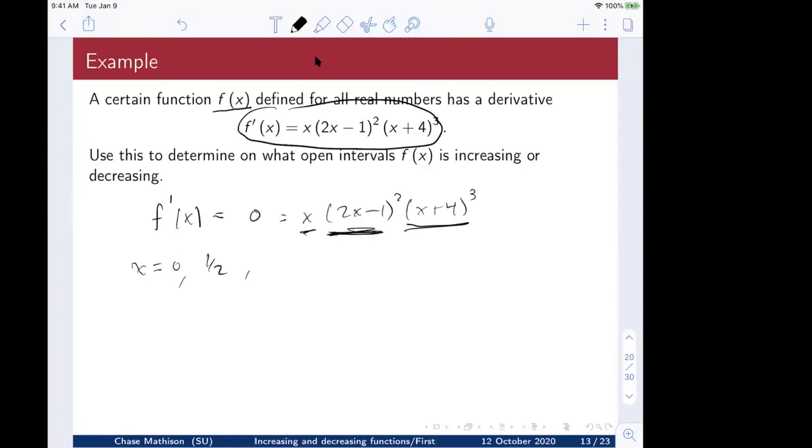Or this equals 0. And what does x equal if (x plus 4) cubed equals 0? If (x plus 4) cubed equals 0, then what does x equal?